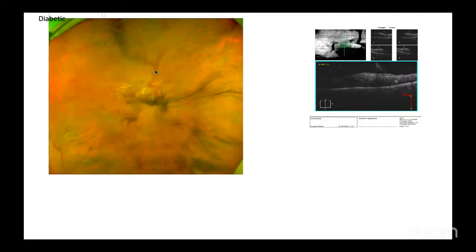So I'll mark my boundaries, and after that I'll start to do laser marks. It's spaced by 1 spot size, as this is PDR, not severe non-proliferative.